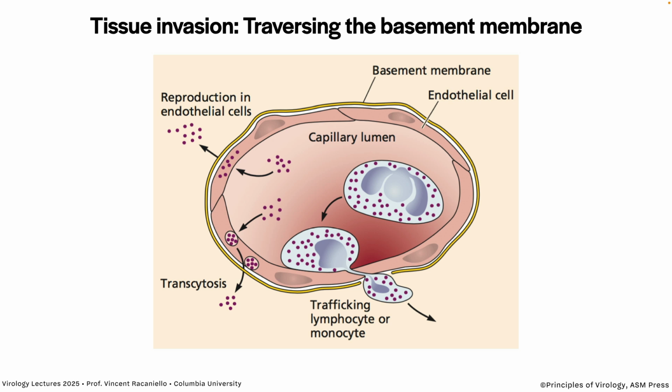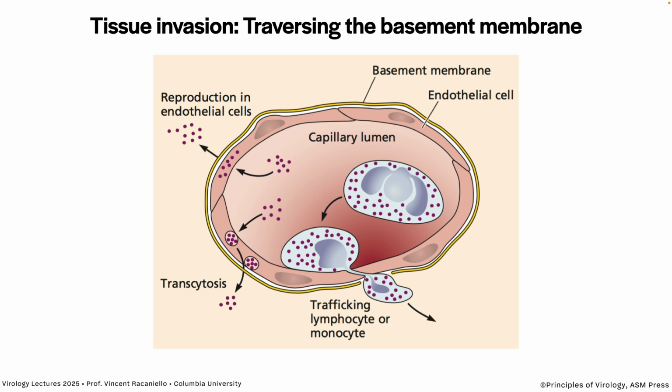Now, viruses do cross these tough situations, right? So here are some summaries of how that happens. This is a capillary with a basement membrane around it. Lymphocytes and monocytes can break the basement membrane. So if they have viruses in them, which happens, they will take the viruses out of the capillary into the surrounding tissue, right?